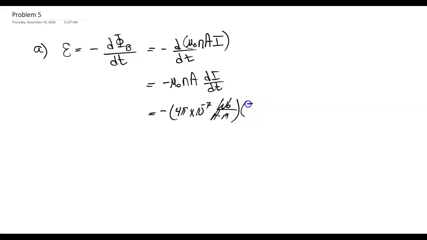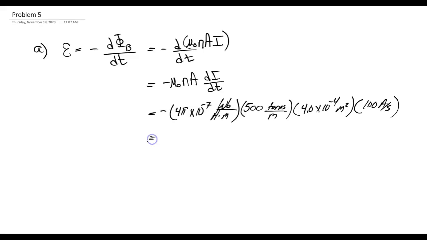Little n, if you remember, is the turns per unit length, so this is 500 turns per meter. The area was 4 centimeters squared, so 4 times 10 to the minus 4 meters squared, and then the change in current is 100 amps per second.